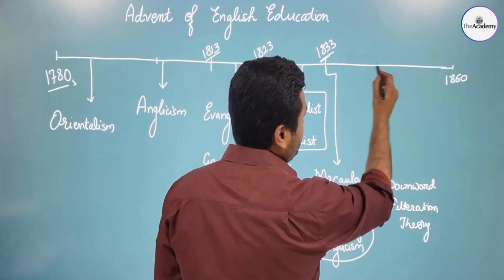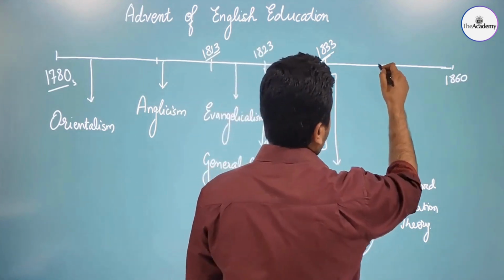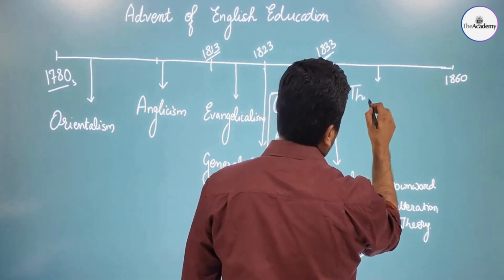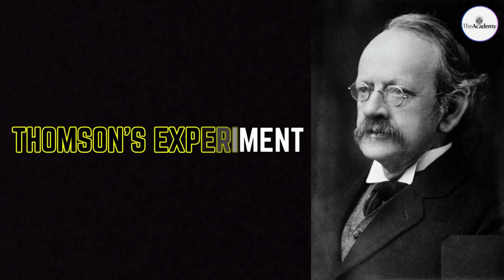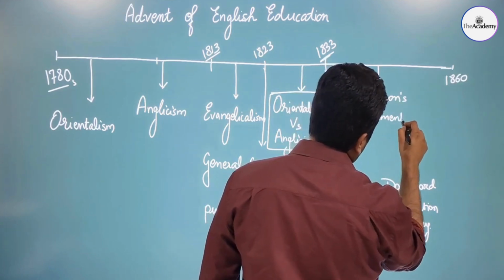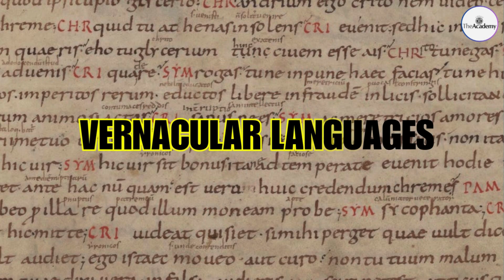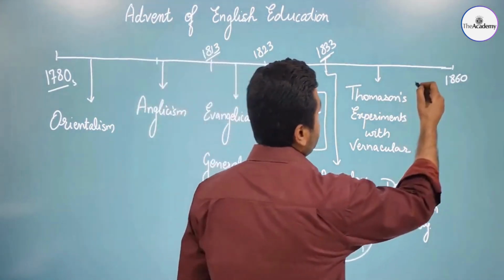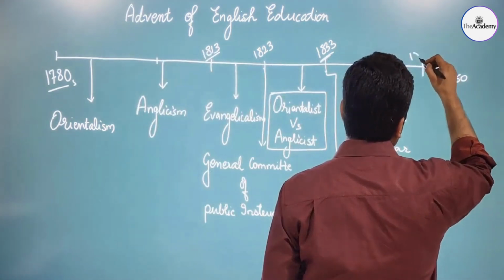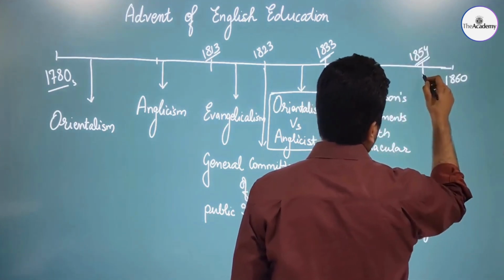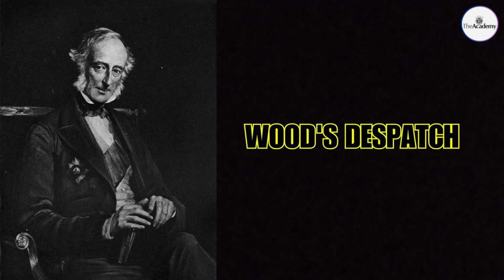And from 1833 onwards, in 1840s, we come across Thomason's experiments with vernacular languages. And subsequently, we will see 1854, when we will have the Wood's Dispatch.